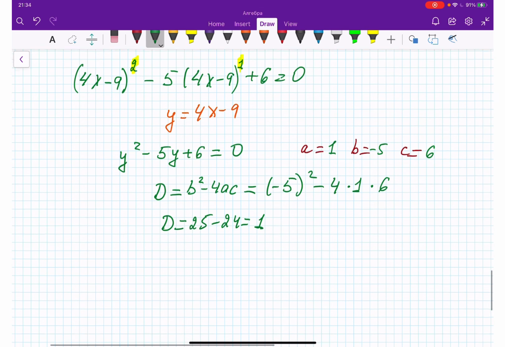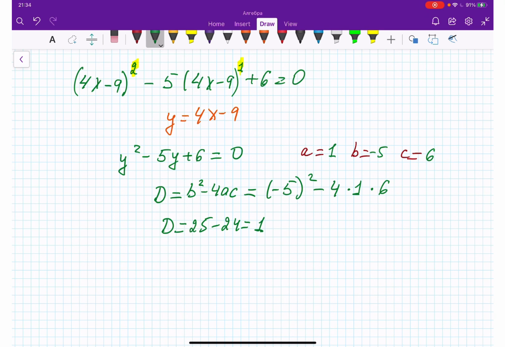Very nice, easy case. So from here, y1,2 is equal to negative b, which is going to be negative negative 5, plus minus the square root of the discriminant divided by 2 times a.